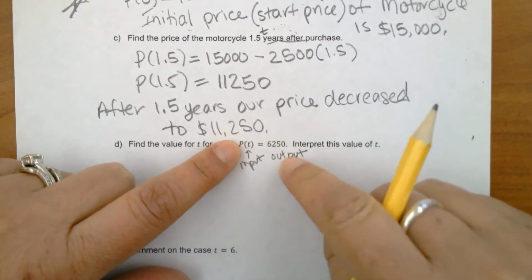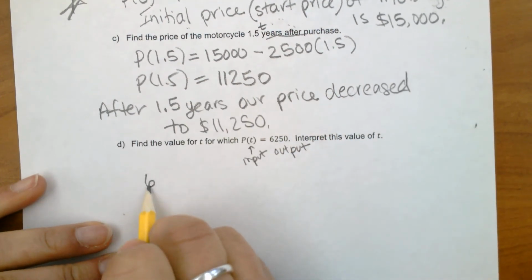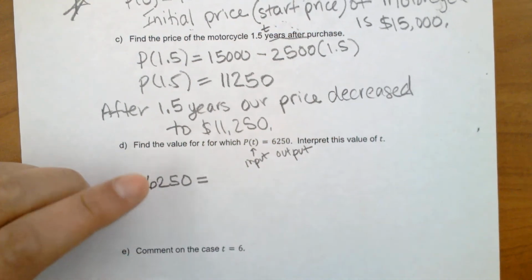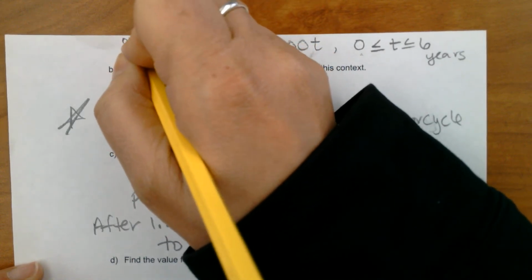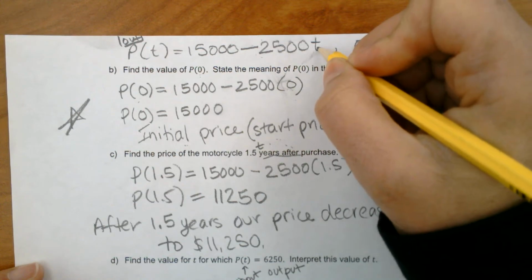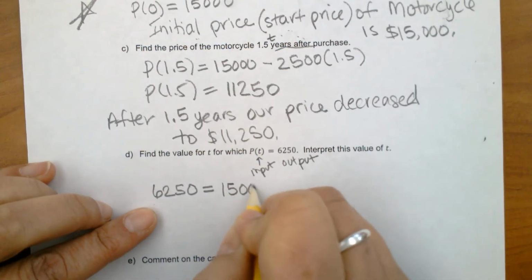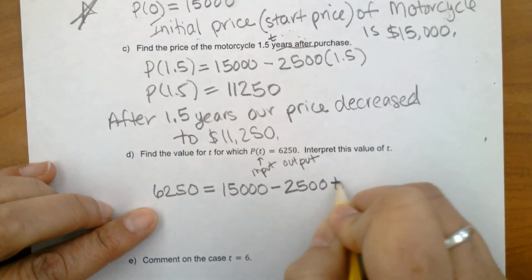We only have the output, the price that's put out. So this is 6,250 equals, this is the output side. We write 6,250 equals 15,000 minus 2,500 times T.